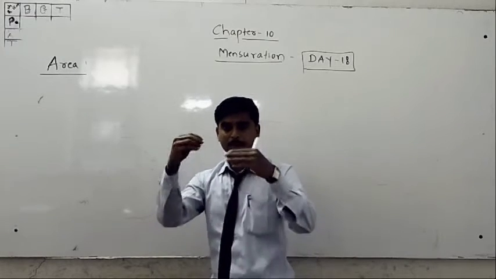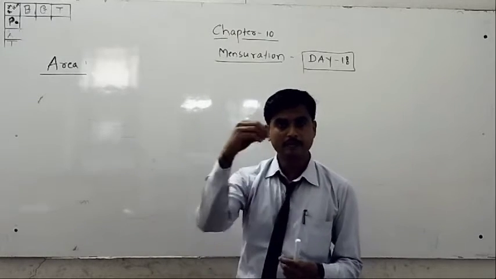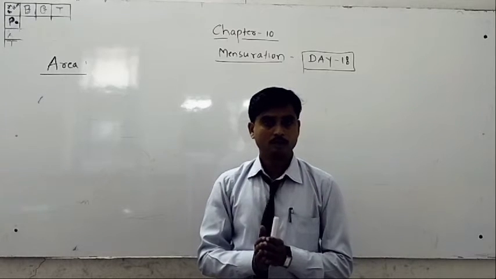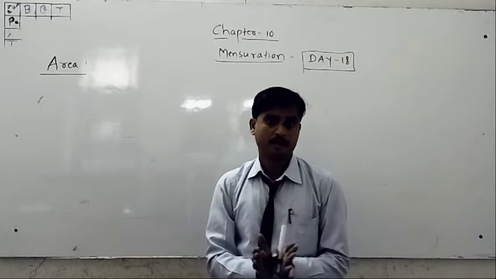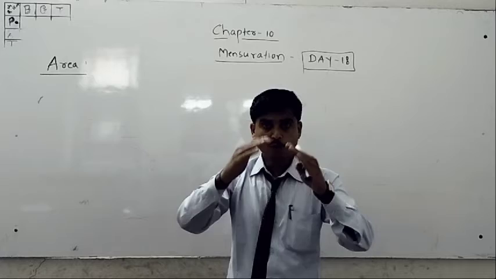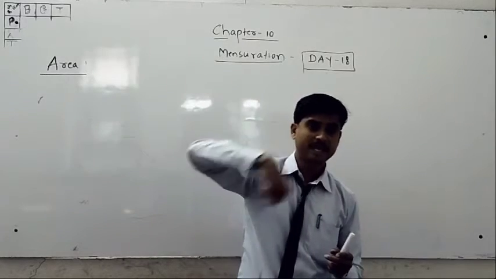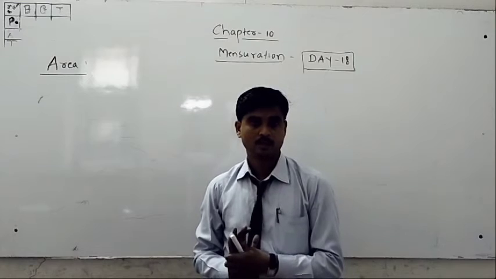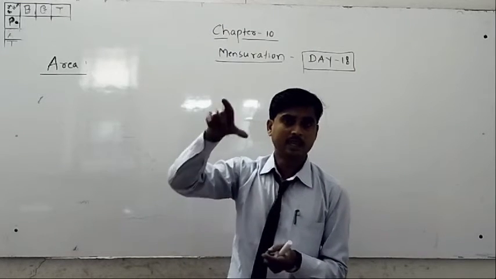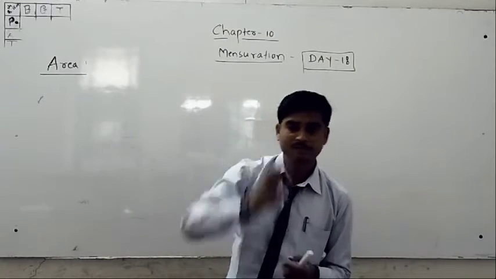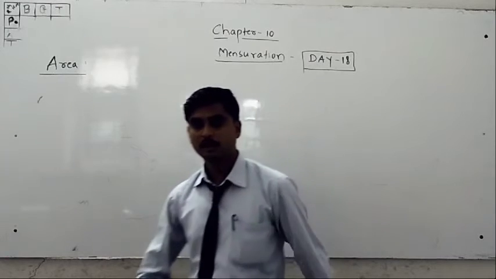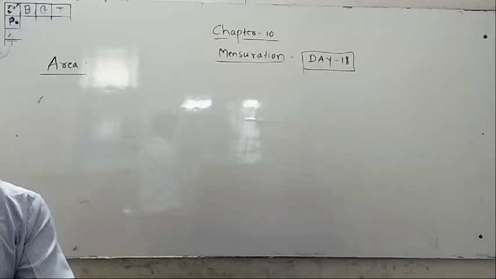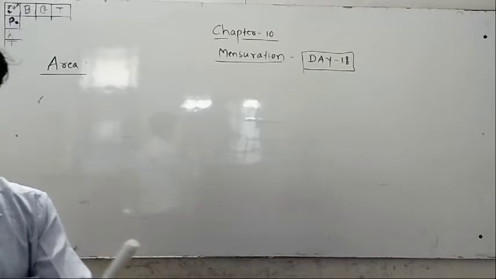You take any figure or any material, that material occupies how much place, how much surface. That is the area of that figure. For example, this is one textbook, your 6th standard textbook.